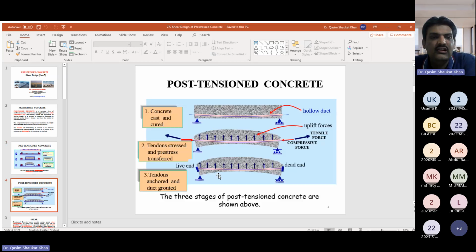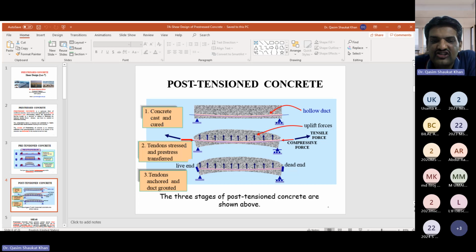In the second prestressing method, post-tensioned concrete, there is a hollow duct and there is a tendon inside this hollow duct. The first step is that the concrete is cast and cured.